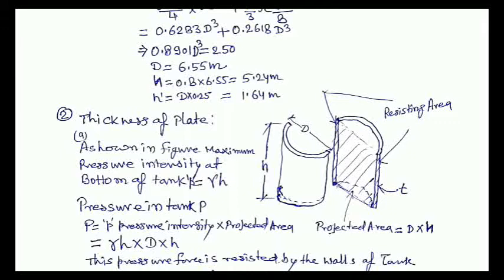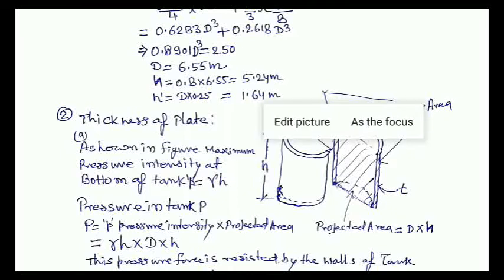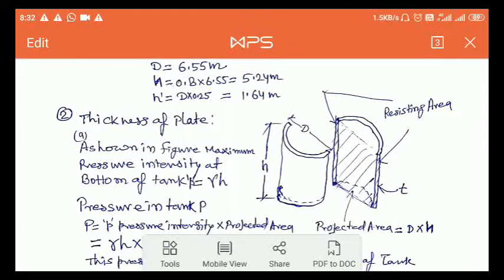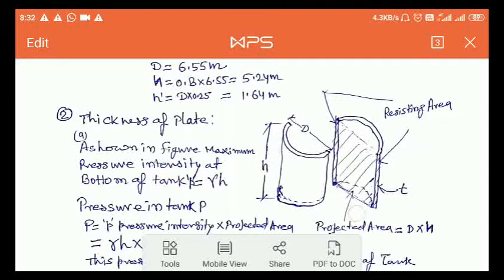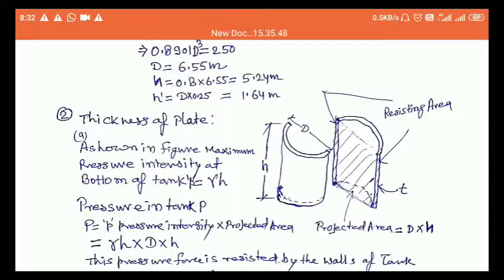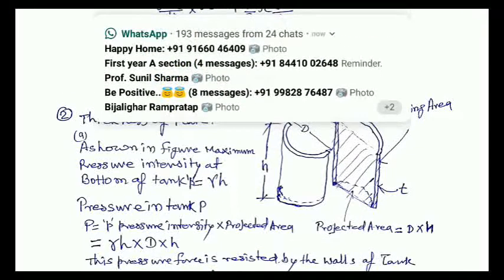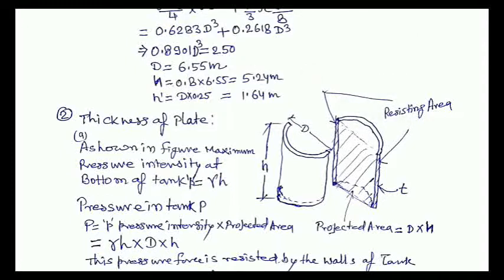In this figure you can see this half part and this half part, the hatched portion will resist the pressure P. So the total area which will resist the pressure is height of the tank into diameter. So total resisting area is D into H.